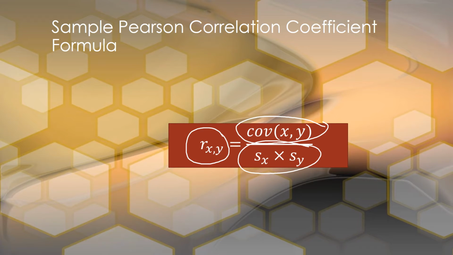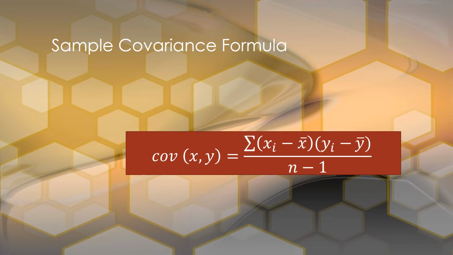But instead of the population standard deviations, we have the sample standard deviations. And here's the sample covariance formula, and it looks the same. The only difference is the n minus 1 at the bottom because we have to deal with degrees of freedom. So this looks very similar to the sample variance formula, but it's the variance between x and y instead of just one variable.